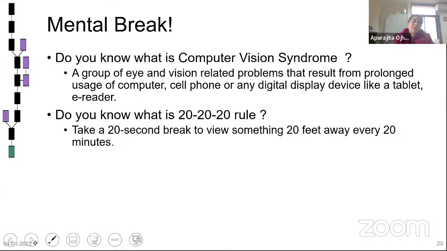And do you know what is the 20-20-20 rule? Take a 20-second break to view something 20 feet away after every 20 minutes. So let's take a break.